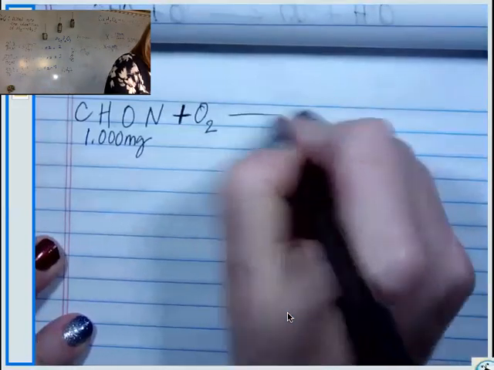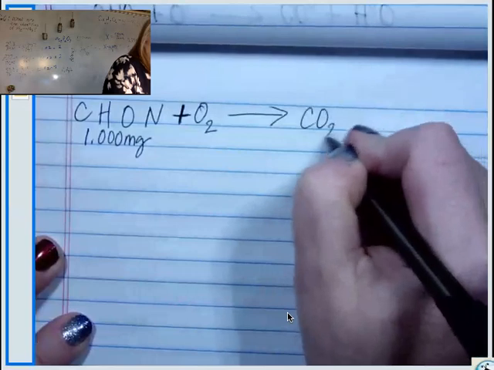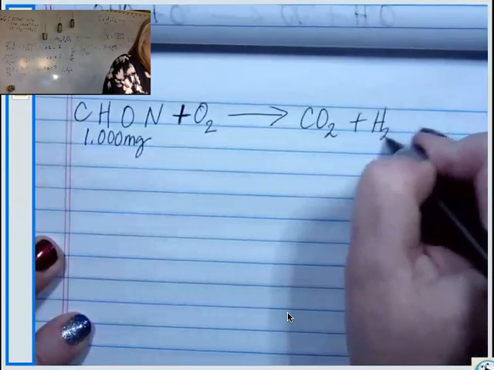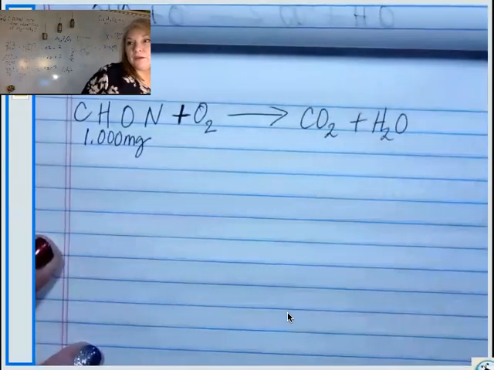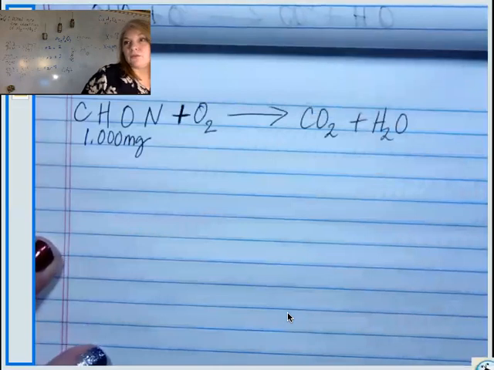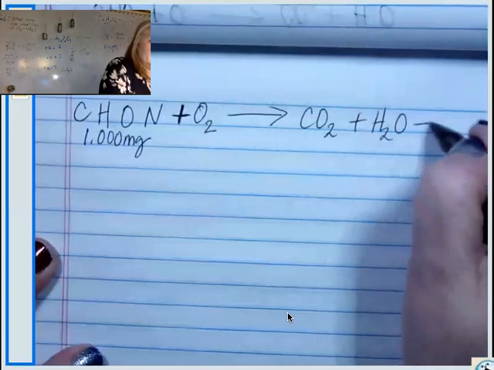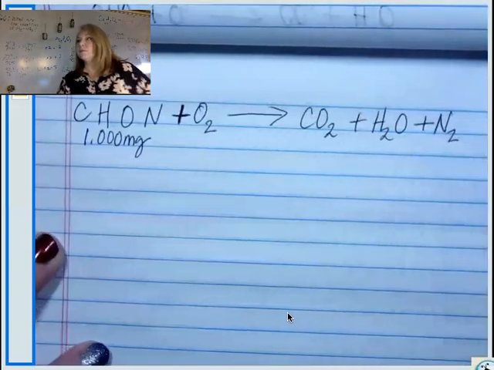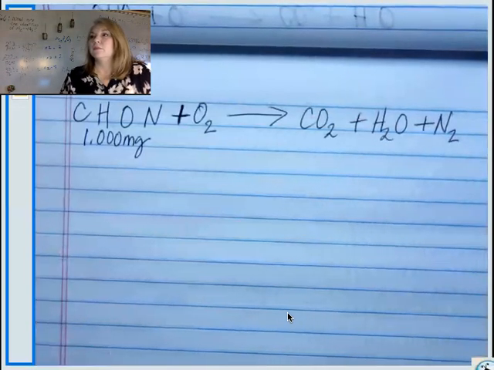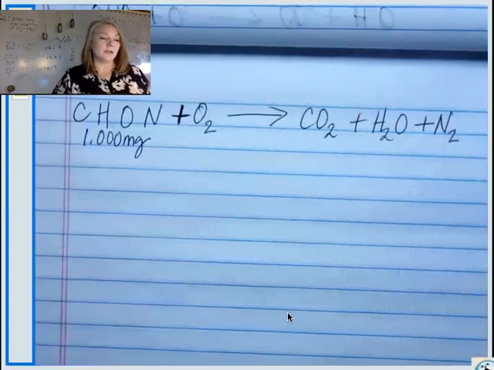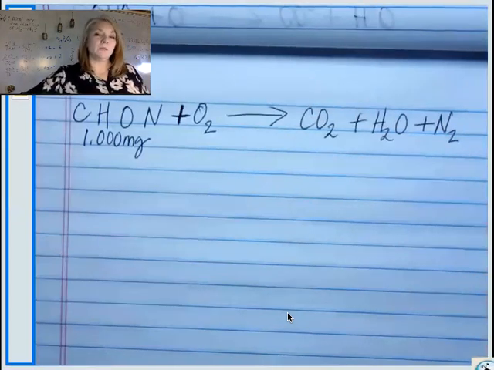When we burn this, we're going to get carbon dioxide, water, and the nitrogen has to go somewhere. So this nitrogen is going to form N2. Now let's get some numbers to put underneath those species.